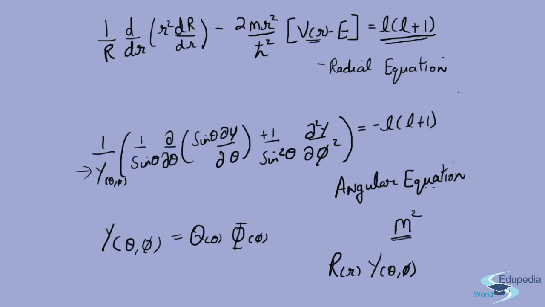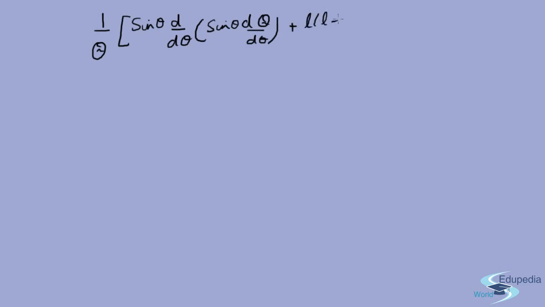So I'll write down once again, in terms of the angular equation, what the theta equation and the phi equation is. You can do it yourself. The mathematics does turn out to be a little bit complicated. So 1 by Theta, this is the theta equation. Sine theta d by d theta of sine theta dTheta by d theta plus L into L plus 1 sine squared theta.